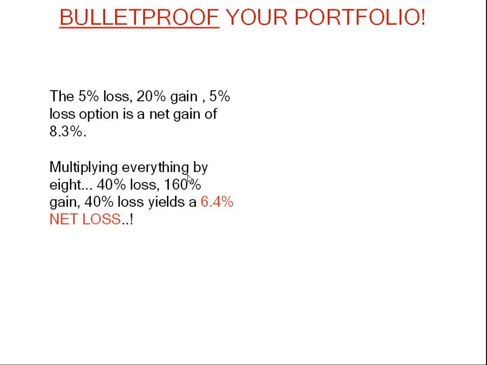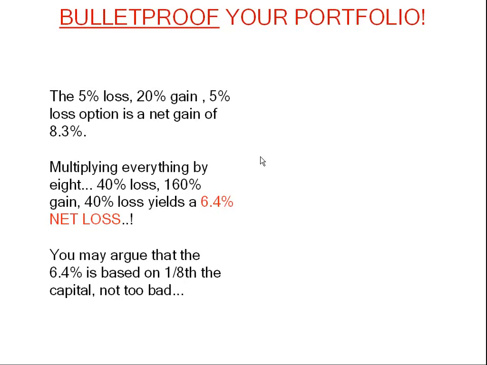So with leverage, multiplying everything by 8, even though we took a larger gain in the center, this would still result in a 6.4% net loss. But with just a 5% loss, a 20% gain, and then a 5% loss, we get a net gain of 8.3%.